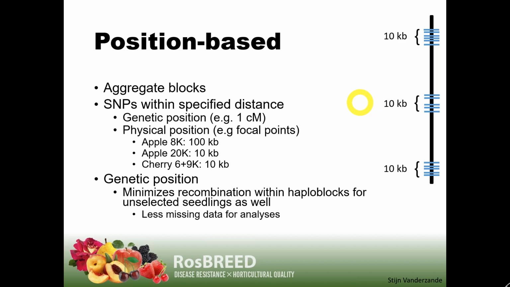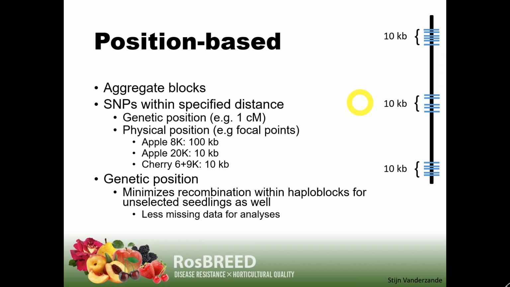One is if we use our genetic positions, at least then we say we group markers per 1 centimorgan. Then if we do QTL analysis, at least our resolution is high enough. Because when we are doing these haploblocks based on recombination, sometimes you'll see that you get haploblocks of 5 or 10 centimorgans long.